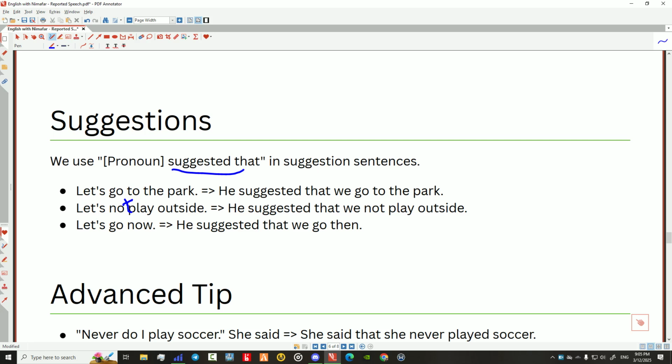He suggested that we not play outside. We don't use backshifting here. And this is something we call the subjunctive mood. Another topic, another theory. We just use it in this case too.